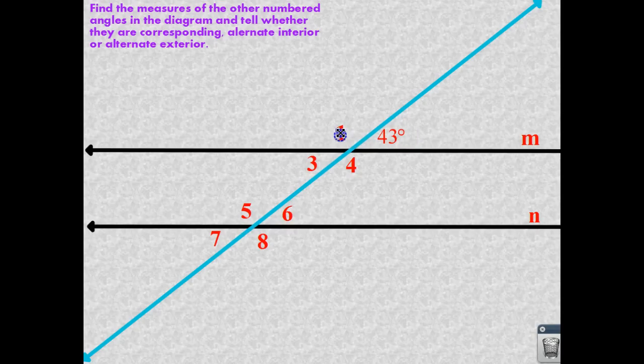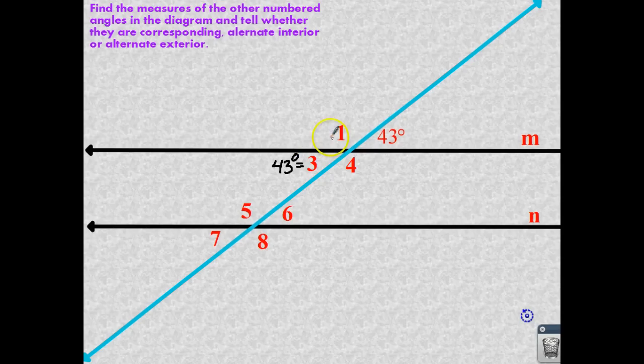So I could find the supplement to 43 degrees with angle 1, or if you wanted to come to the other side, we can also use this idea of supplementary to find angle 4. So why don't we do the easiest one? Let's do the vertical angles. Well, if I know that angle 2 is 43 degrees, that means angle 3 is also 43 degrees.